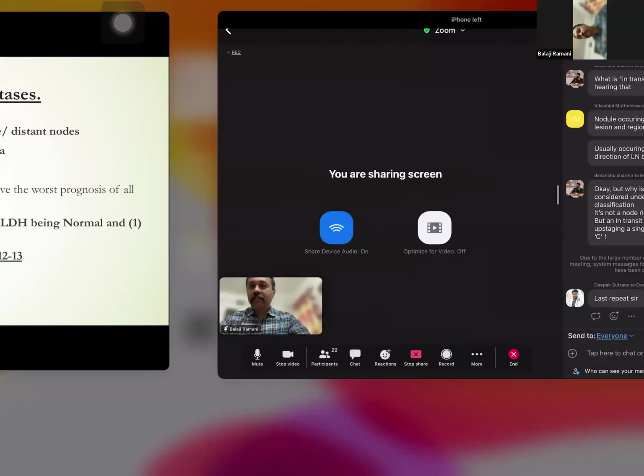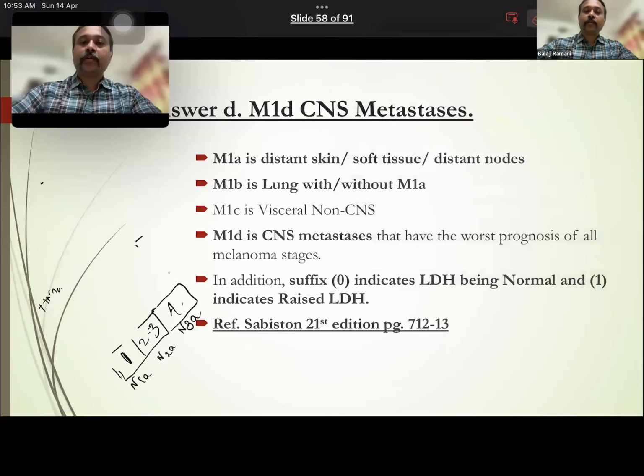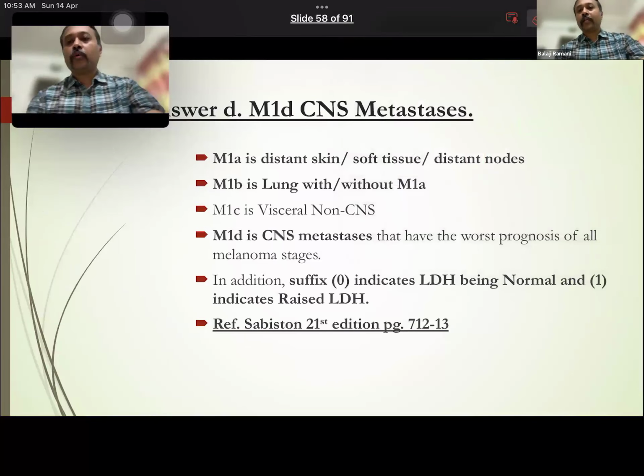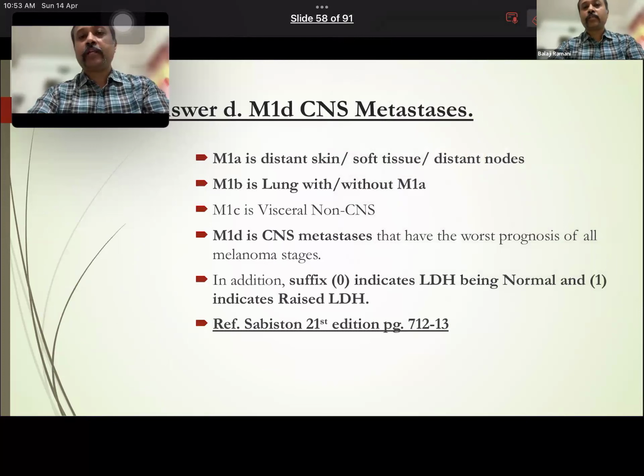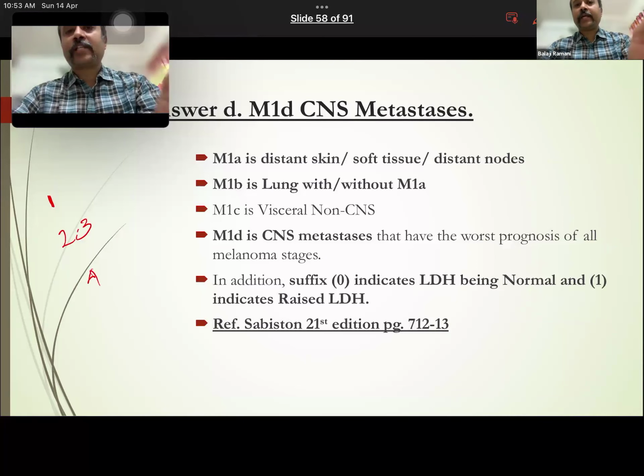Okay. The way you have to group it is basically, the numbers are most important. Whether it is 1, the numbers can be 1, 2 to 3, or 4 or more. This is one classification. This will apply as far as the lymph nodes are concerned.